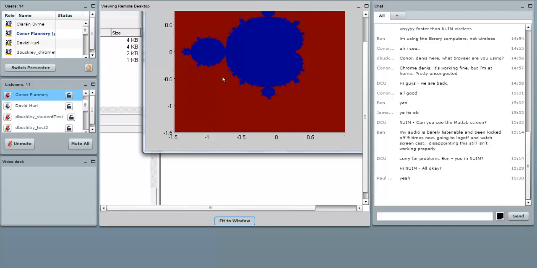Maybe I chose 200 points this way, 200 points this way, giving 40,000 points in total, sampling this region of the complex plane. For each of those complex points, we call it C. So C varies from minus 1.5 minus 1.5i down here, to the top right-hand side of the grid, which is C equals 1 plus 1i, and then all points in between.